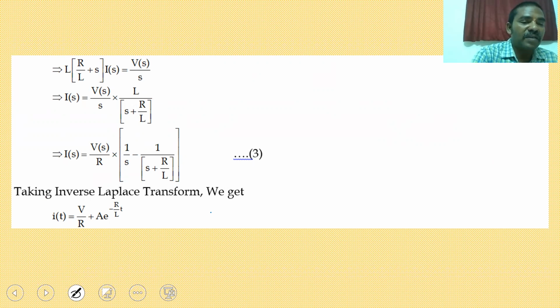If you go for the partial fraction, you can get I of S is equal to V by R into 1 by S minus 1 by S plus R by L. Then take the inverse Laplace transform.